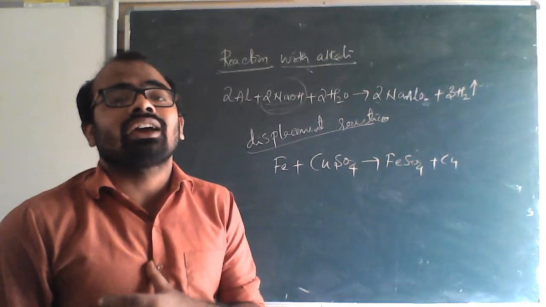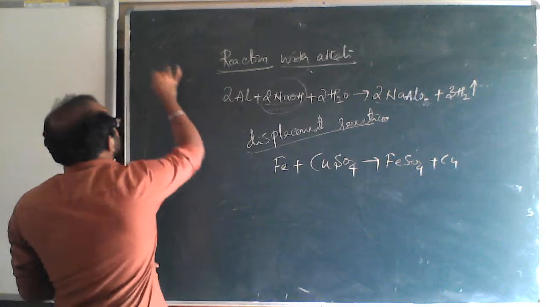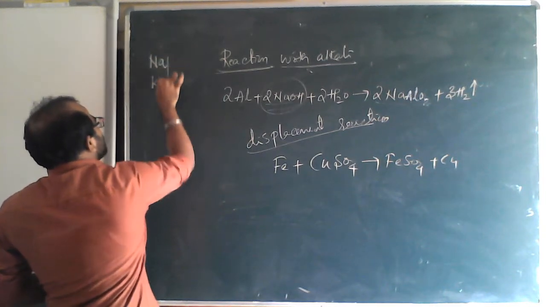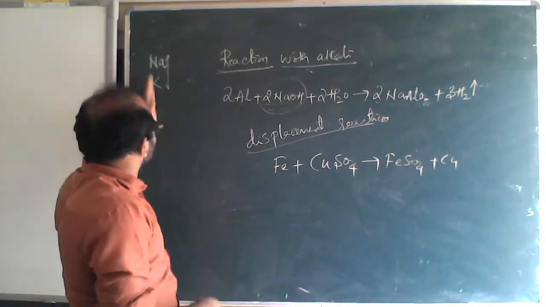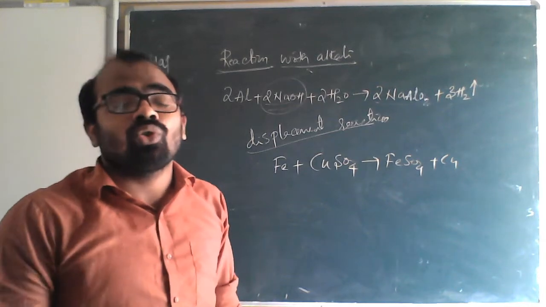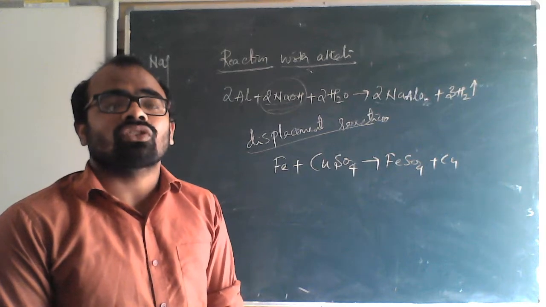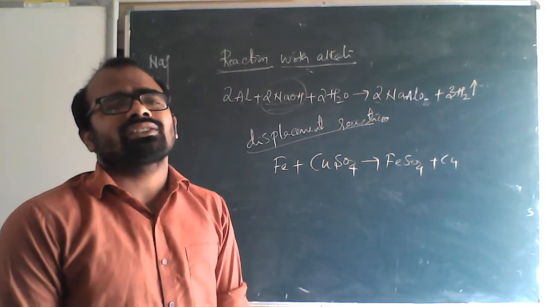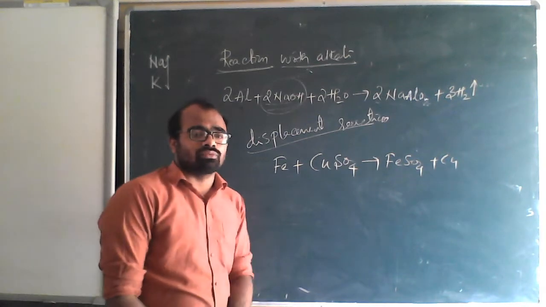Reactions with alkali metals, that is reaction with Na, K. In the periodic table there is one group, Na, K, and it goes like that. Those metals are called alkali metals. Those hydroxides are called alkali. We can say alkali for the hydroxides of those metals.